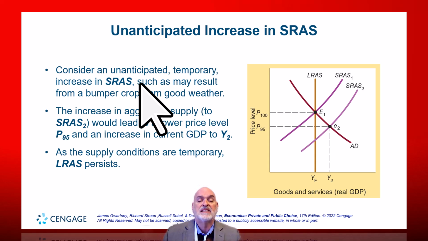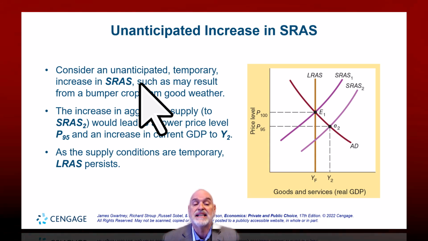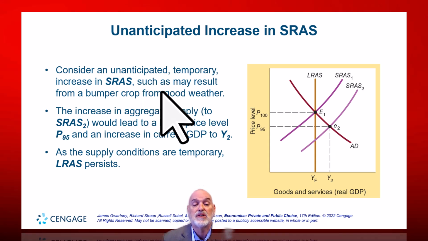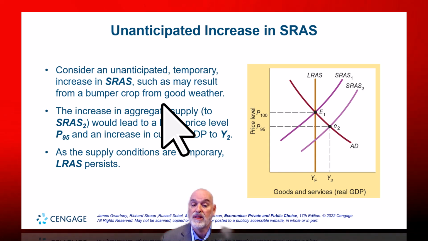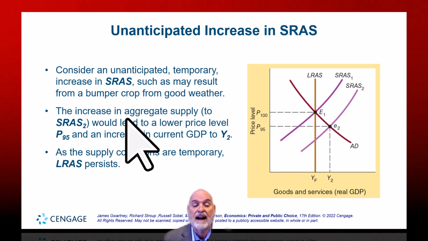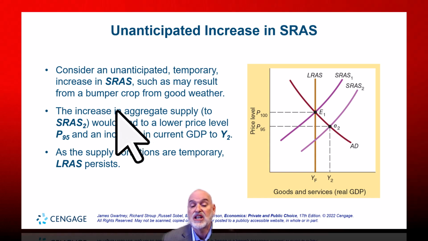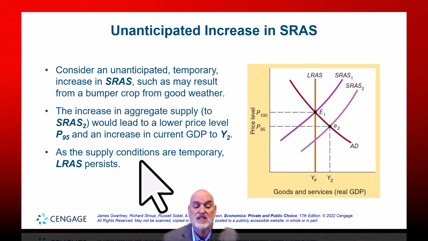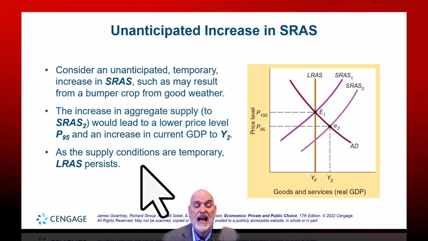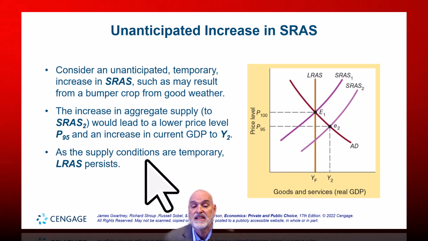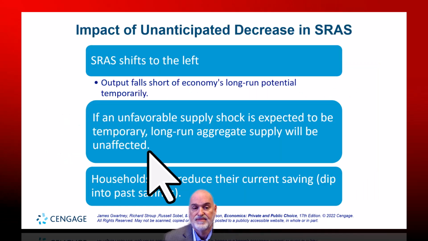Consider an unanticipated temporary increase in SRAS, such as may result from a bumper crop from good weather. The increase in aggregate supply would lead to a lower price level and an increase in current GDP. As the supply conditions are temporary, LRAS persists.